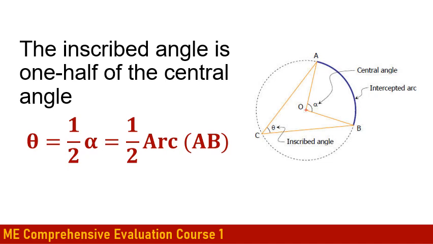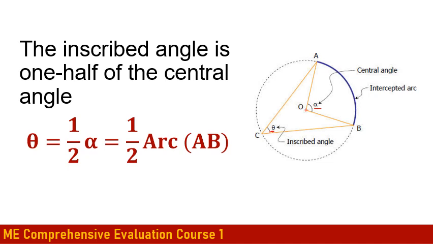Say for example, you have a problem wherein you are going to identify the value of the central angle, given the inscribed angle, or vice versa, then you can use this theorem in order to get the value of the central angle or the inscribed angle using the relationship that this inscribed angle here is 1/2 of this central angle here.